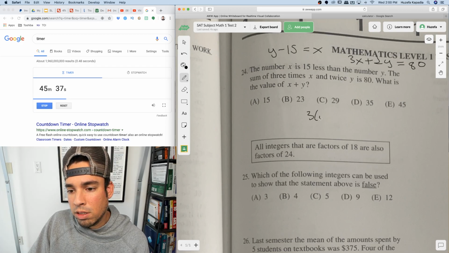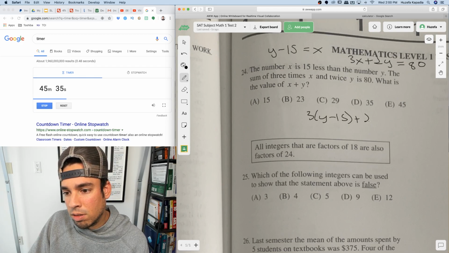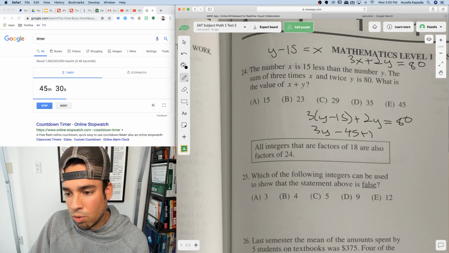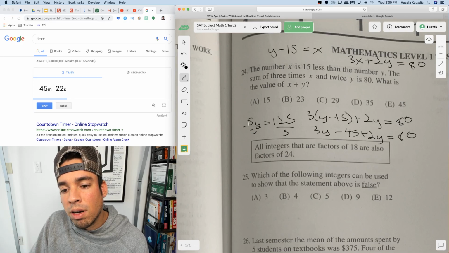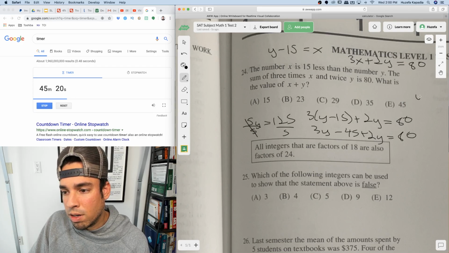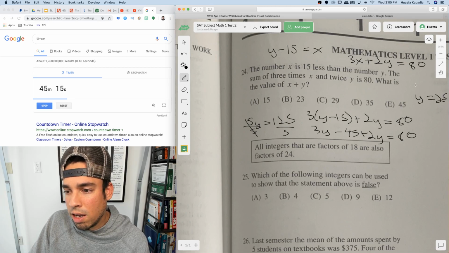So 3 times y minus 15 plus 2y equals 80. Minus 45 plus 2y equals 80. 5y equals, and add 45 to both sides is 125. Divide by 5. Y equals 25. X equals 10. So 10 plus 25 is 35.